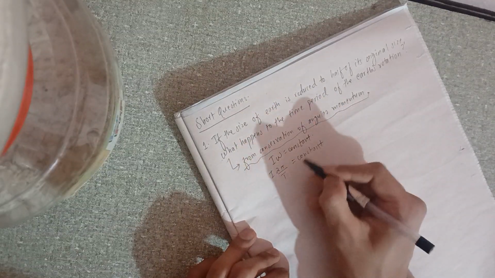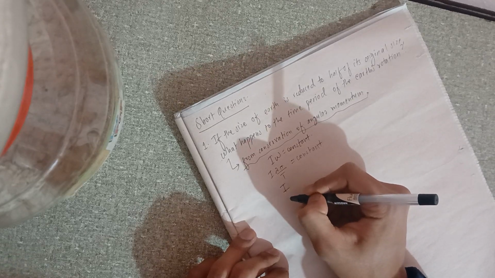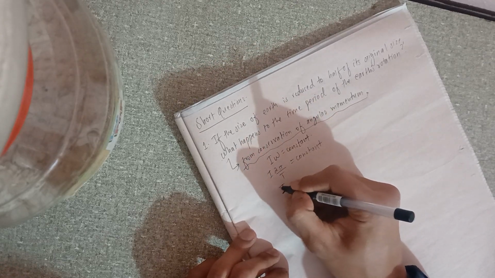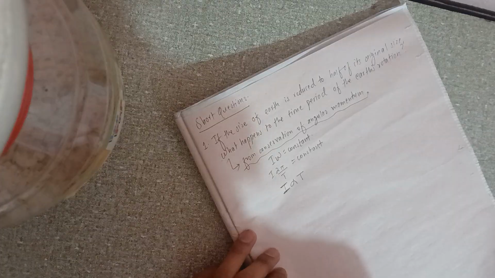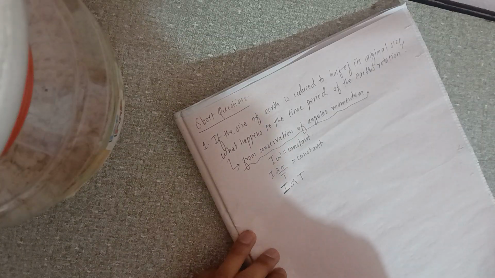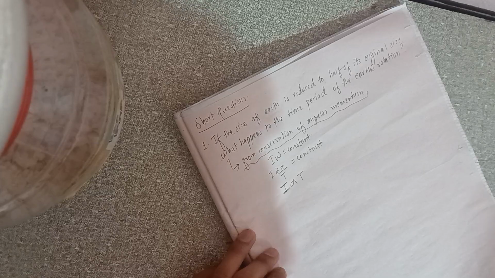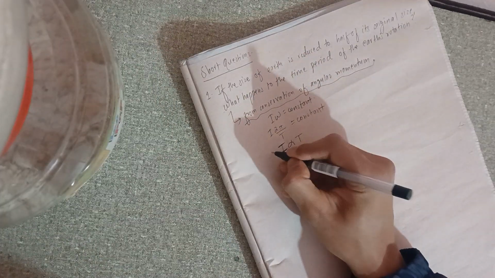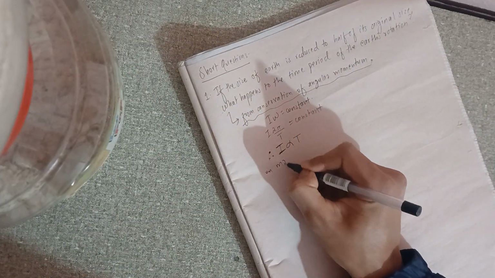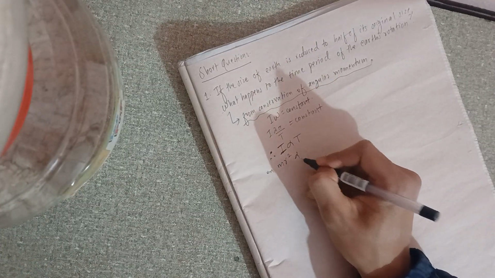So from this, T goes to the other side, so I will be directly proportional to T. The moment of inertia, which is mr square, is directly proportional to T.